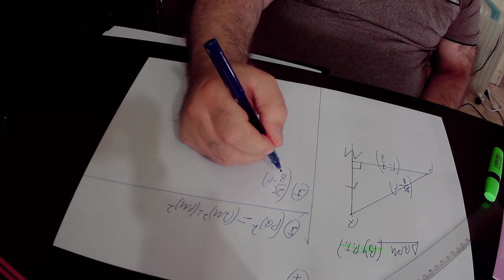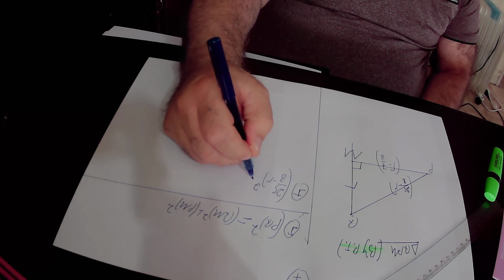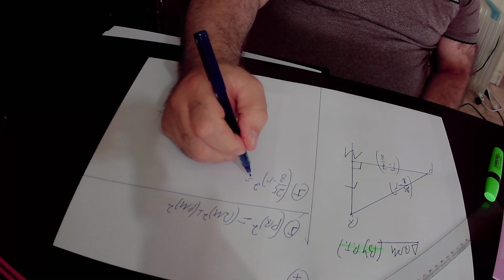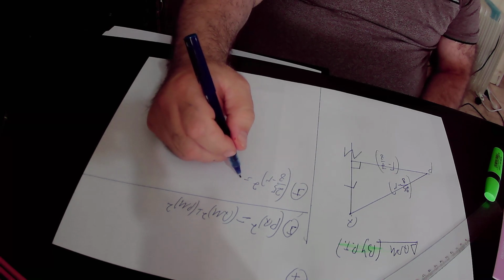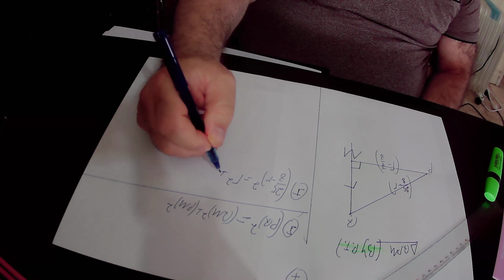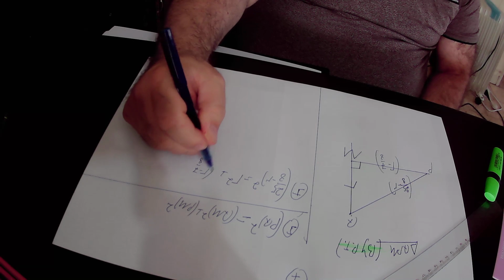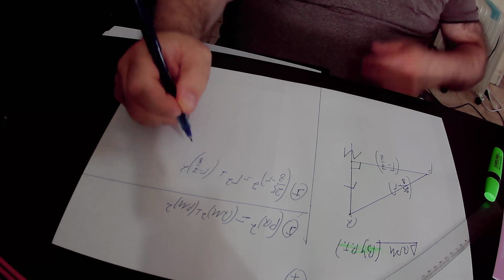Therefore, PQ squared is (25/8 minus r) squared. That is equal to QM squared. QM is r, so QM squared is r squared, plus PM squared. PM is r minus 7/8. Therefore, PM squared will be equal to (r minus 7/8) squared.